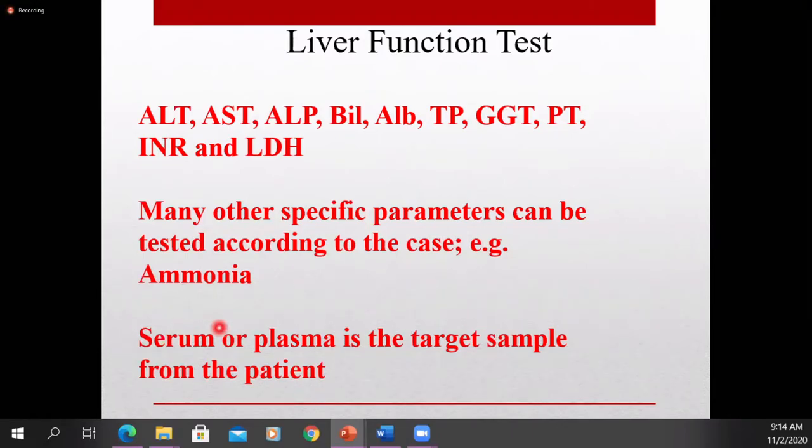Actually, these are the abbreviations of certain enzymes, as well as certain molecules that you could test in order to assess the problem if it's related to the liver or not. And they are doing this in the clinics because of the involvement of the liver in the clinical assessment.